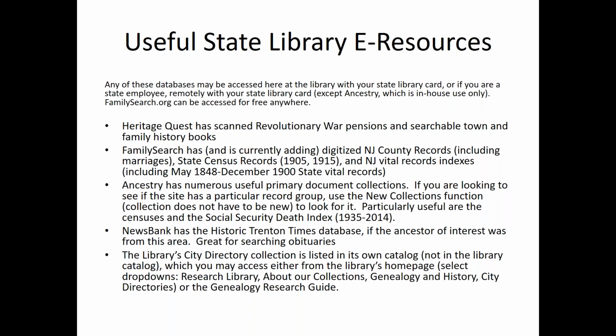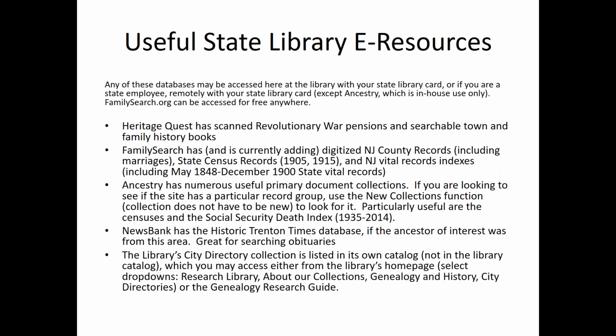In addition, within the Newsbank interface, we have the Historic Trenton Times database. So if you have ancestors or relatives who lived in the Trenton area or Mercer County in general from 1883 to 1993, this can be incredibly useful, especially for searching obituaries.